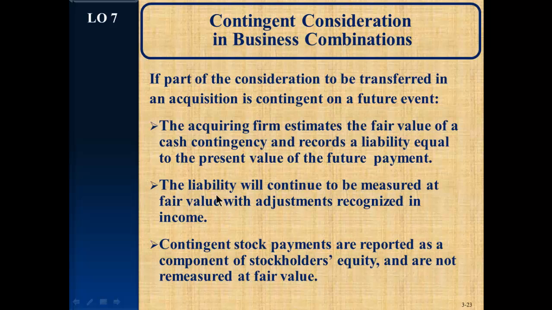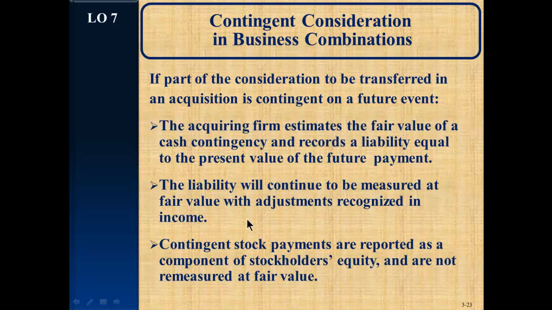What would cause a difference in the fair value? Well, a change in the probability of what you think is going to happen. That will cause a change in fair value, and then you adjust it in your income account. And remember, on the parent's general ledger, you do record that investment account, because you're giving up consideration to buy this subsidiary, so you're debiting this investment and crediting whatever it is you're giving up.